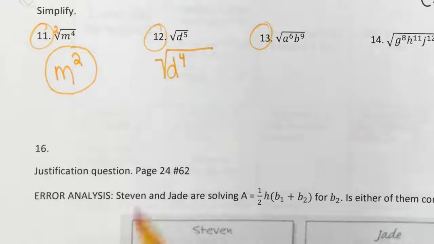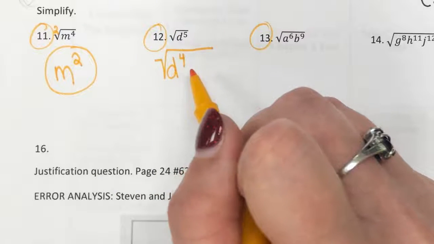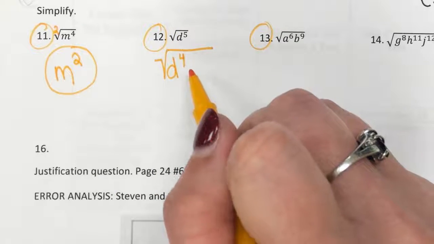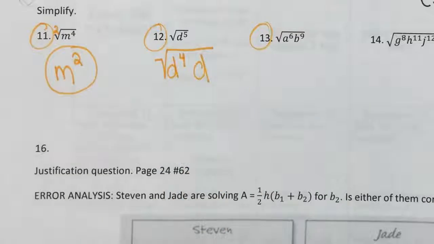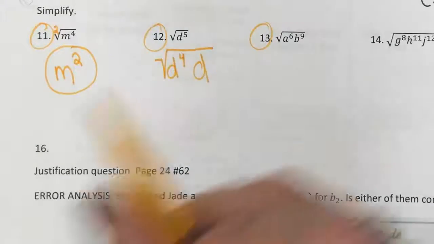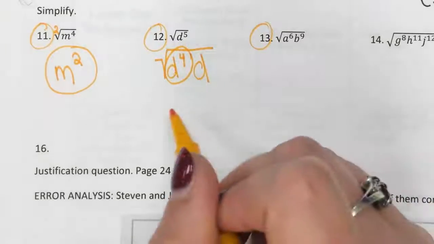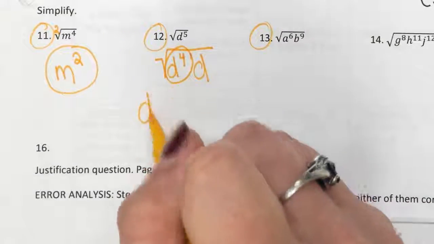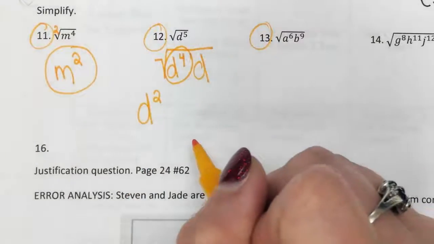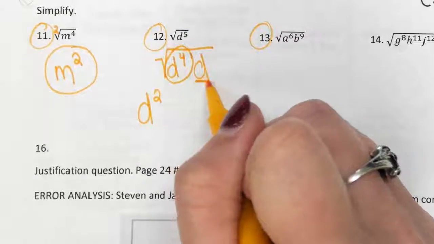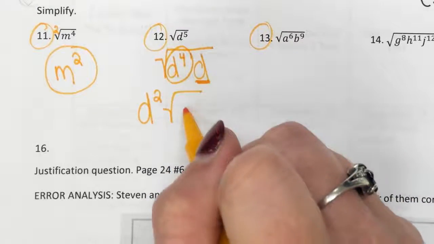So you still have to have 5 of those. So how many am I missing to make that 5? You're just missing 1. So you got to put 1 more right there. Alright, so now you can take half of 4, though. So what's half of 4? So you use d to the 2nd. But what happens to this guy? He stays inside. There you go.